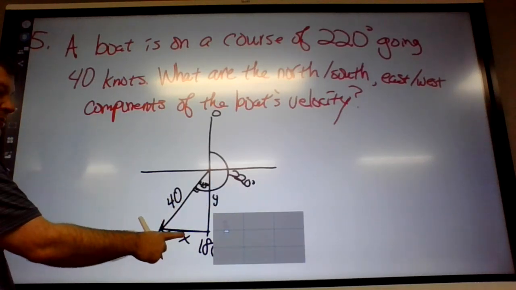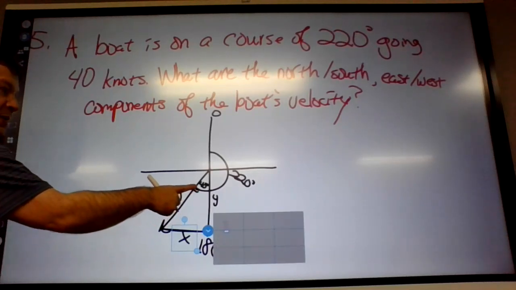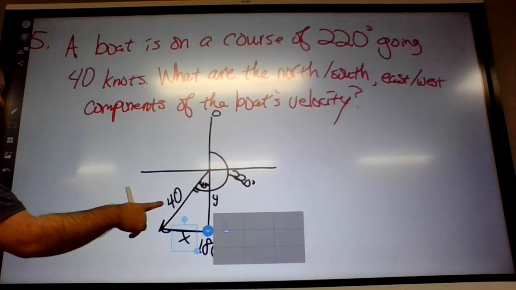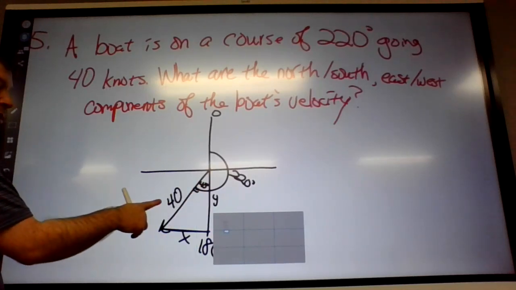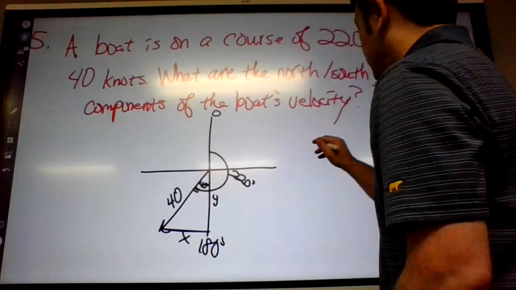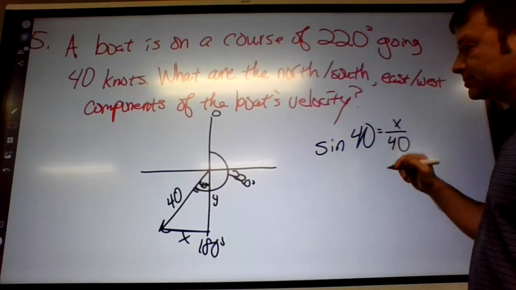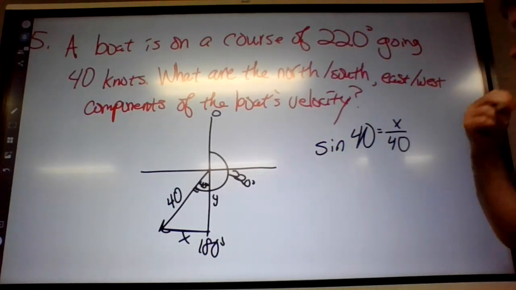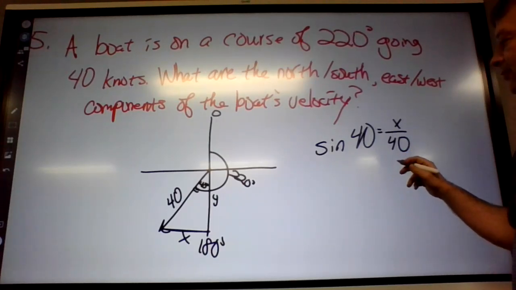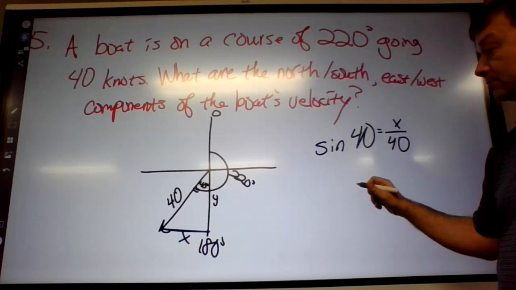Opposite over hypotenuse. So relative to this angle, we have opposite over hypotenuse. We're going to use basic SOHCAHTOA. Opposite over hypotenuse is sine. Sine of 40 equals opposite over hypotenuse. So what's sine of 40 times 40? 1.965, I guess.